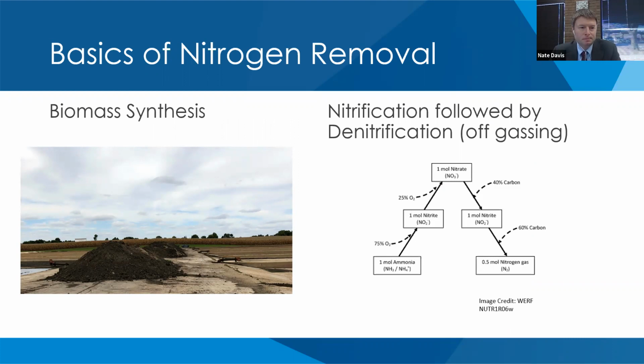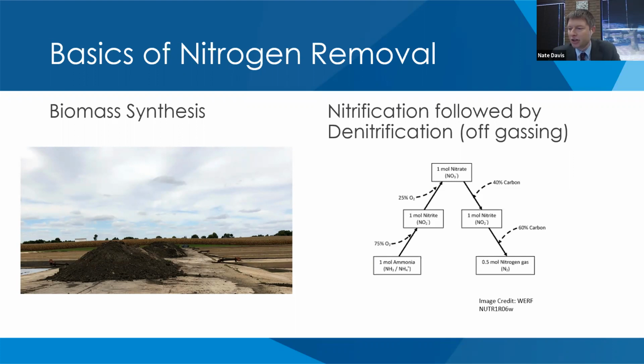So getting into the basics of biological nutrient removal, first we'll talk about nitrogen. And there are concepts here that I'm sure everybody's really familiar with already. There are two main methods by which total nitrogen is removed from your plant. The first is just the amount of nitrogen uptake that's absorbed by the biomass as it's grown, and then wasted from your plant.